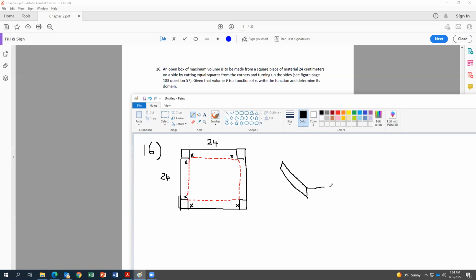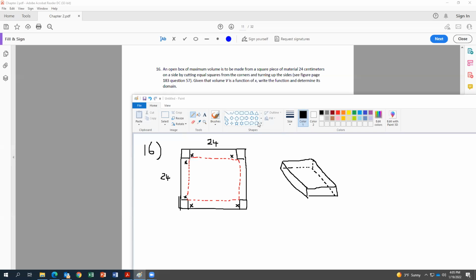Sorry, my 3D is not as nice as my 2D. When you cut all the x squares and then fold along this straight line, you will get yourself an open box in this case.